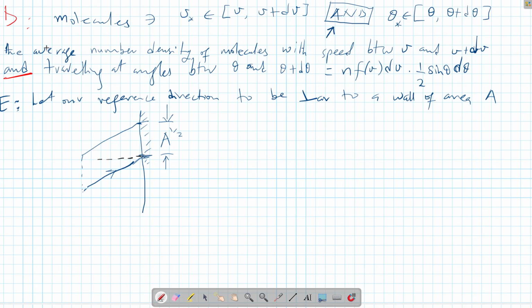So this is our direction, which is perpendicular to the wall. And supposing this is v for some molecule traveling at an angle theta.